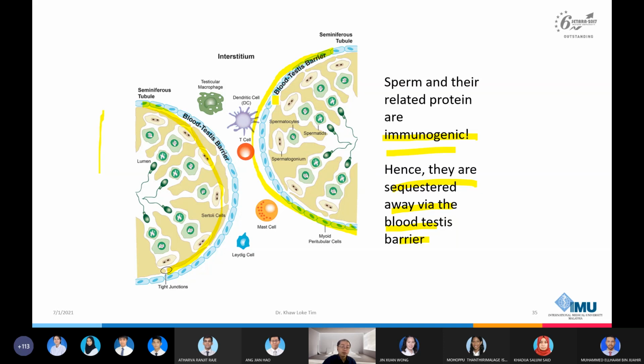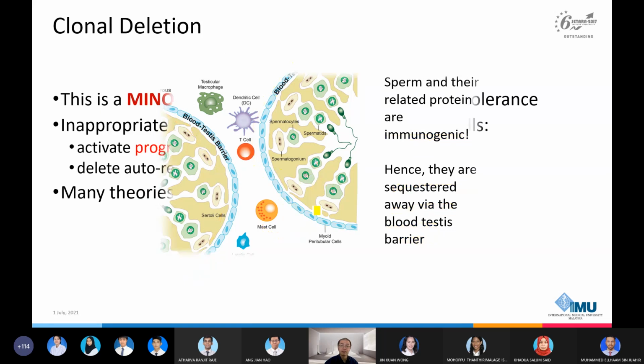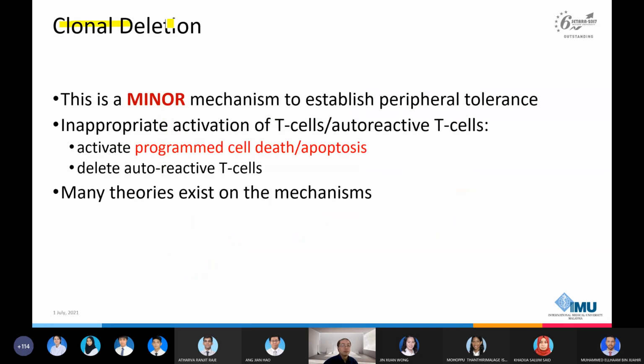If one day this is disrupted and some white blood cells go in, well, wave your sperm goodbye. Your sperm is going bye-bye in that sense. So that's why you have this blood-testis barrier and so forth. Now, with that aside, that's just an example of antigen sequestration.